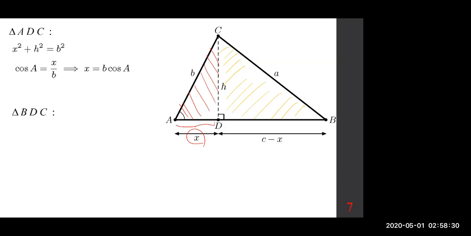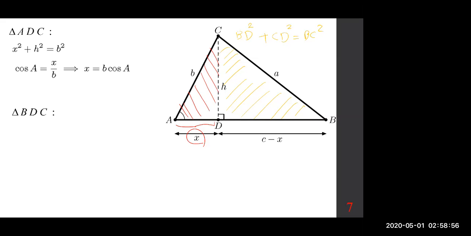We can see that BD squared plus CD squared equals BC squared, right? So BD squared plus CD squared equals BC squared.